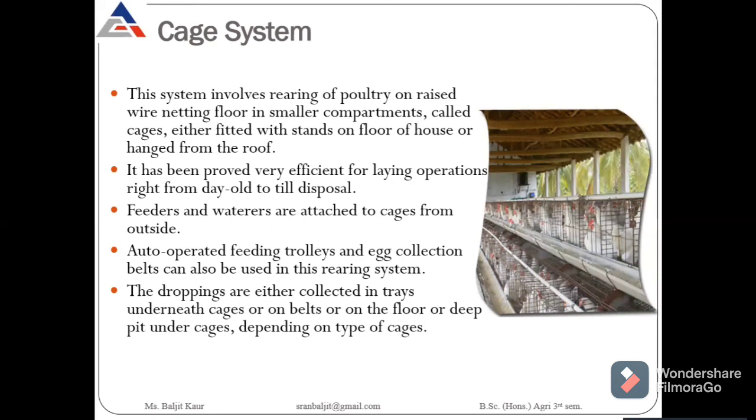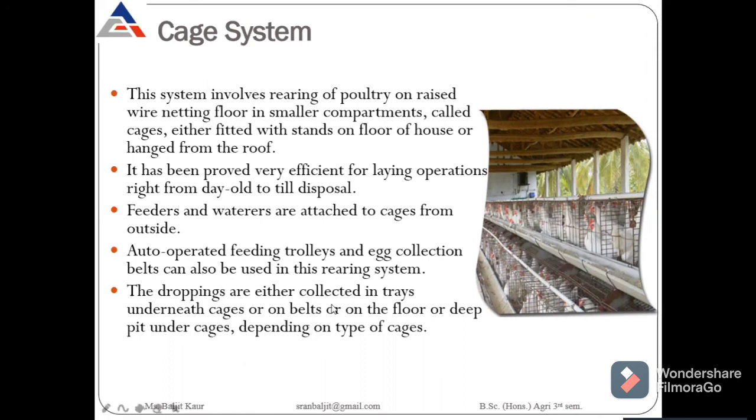Feeders and waterers are attached to cages from the outside. So in this figure you can see this line. So this is a feeder. In this, feed of the birds can be kept. So feeders as well as waterers. So water is also provided outside the cages. Auto-operated feeding trolleys and egg collection belts can also be used in this rearing system, right? So they are auto-operated, and egg collection belts are also there, so that eggs can be collected easily.